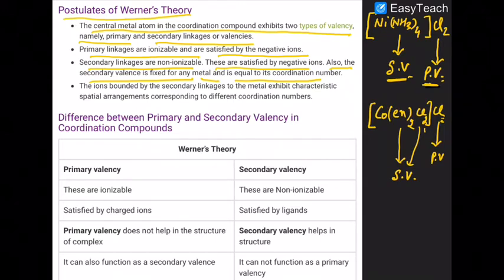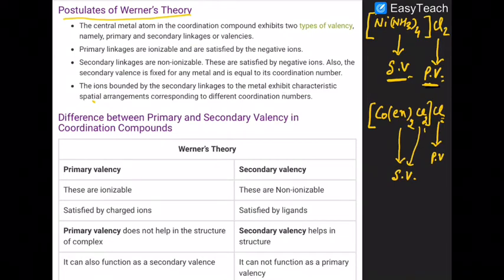The ions bonded by the secondary linkage to the metal exhibit characteristic spatial arrangement corresponding to different coordination numbers. Are you getting that in your mind now? Are you sure? So these points should always be in your mind.